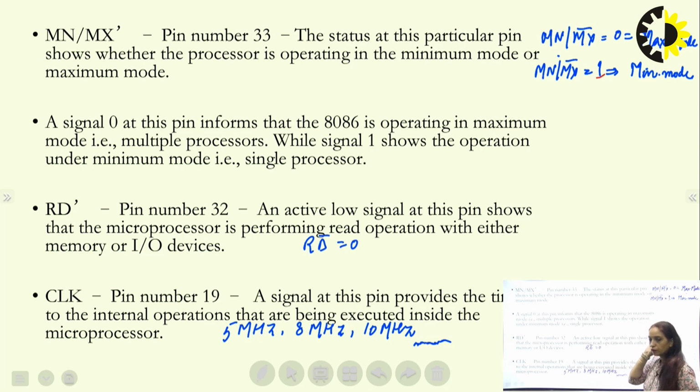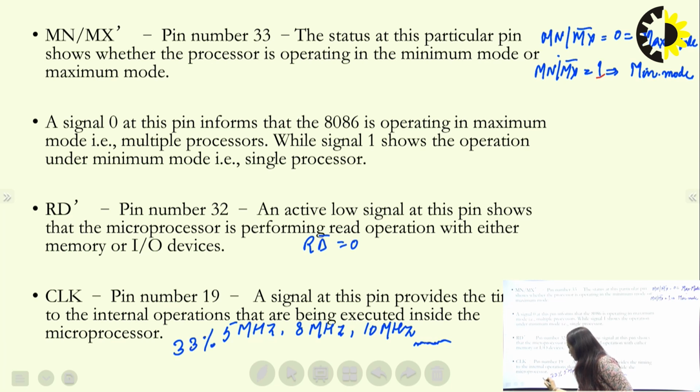So depending upon the version we have the frequency, and the duty cycle of the clock is maintained at 33%.